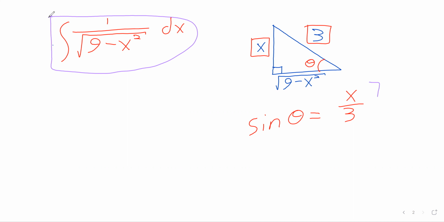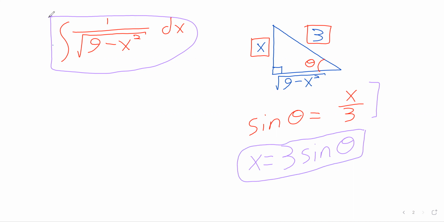Now, if the sine of theta is x over 3, then x equals 3 times the sine of theta. And we can take this x and we can plug it in there.